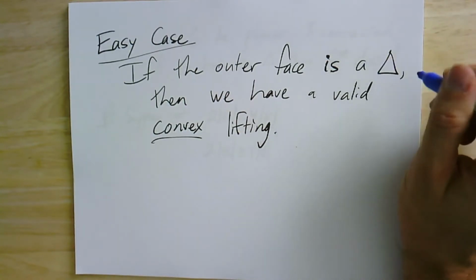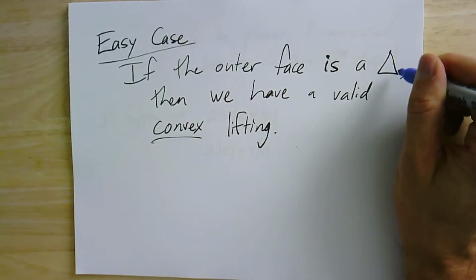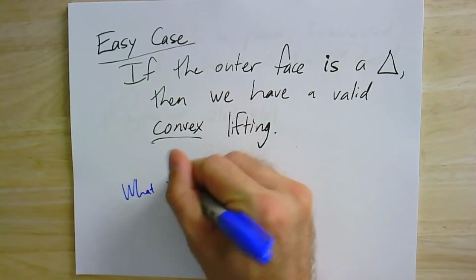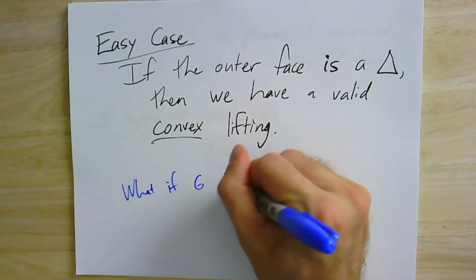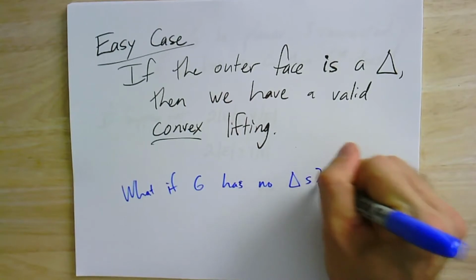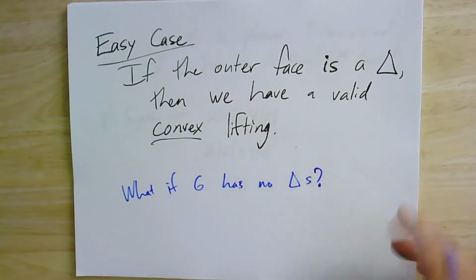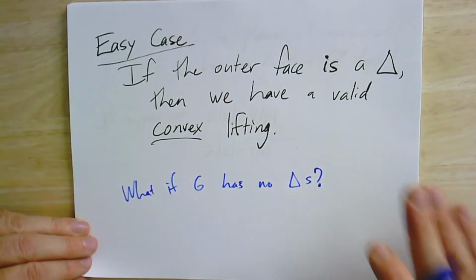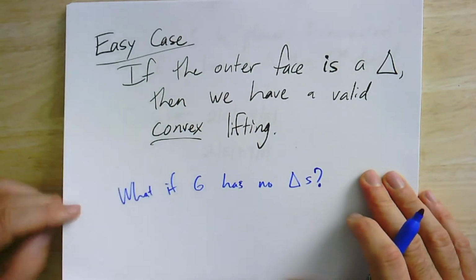So that's pretty good if we had a triangle, but what if there's no triangle? What if G has no triangles at all? Then we're in a bit of a tough spot, because if we just run the algorithm as we have it, we'll get everything lifted up except for that outer face. It just won't be flat.